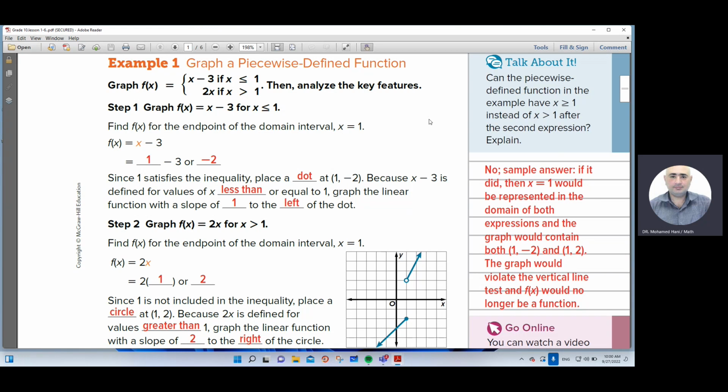Who can tell me why we graphed here to the right and why we graph here to the left?